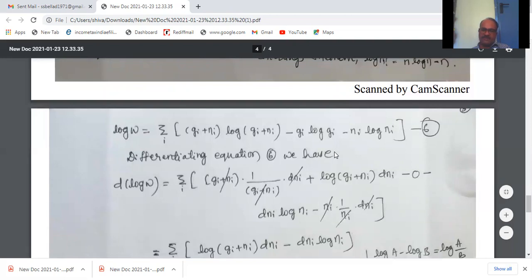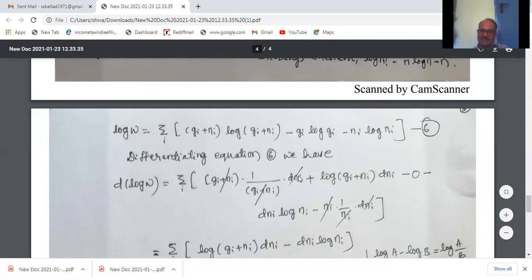And now we have to differentiate equation 6. So differentiating equation 6, we get d log omega. D log omega is equal to summation over i. Differentiation of this using the product rule. So it is (gi plus ni), and this log of (gi plus ni) is differentiated. It is 1 by (gi plus ni) into dni.